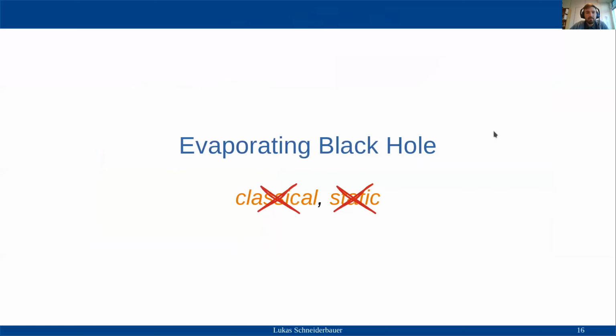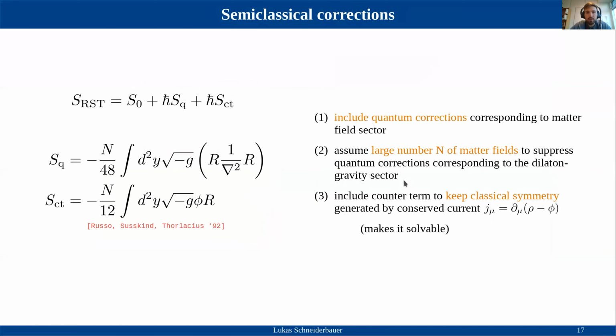Okay. So let's go to this evaporating black hole case, where we add quantum corrections. This was already done in '92, and this part was still studied by CGHS. What one does here is include quantum corrections corresponding to the matter field sector, the f's which we had.